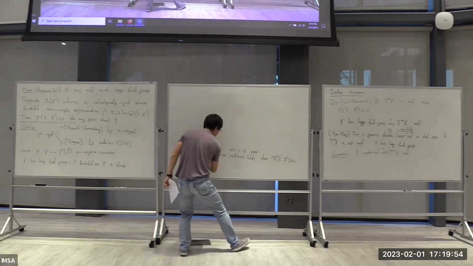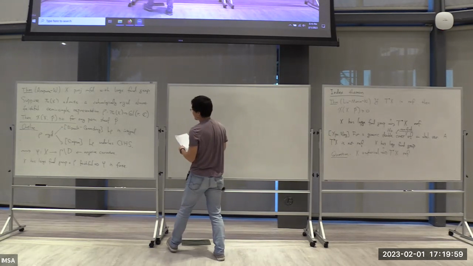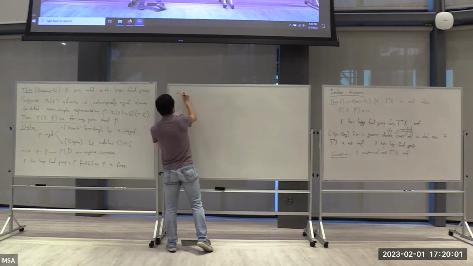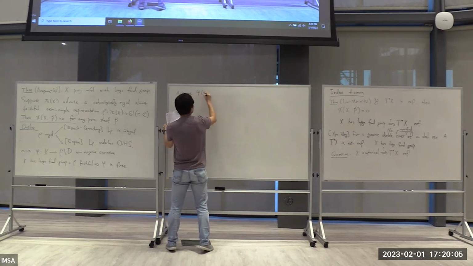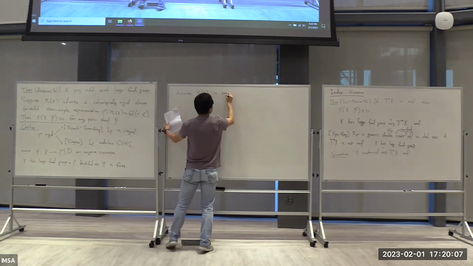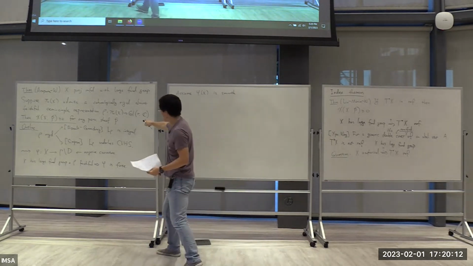And that's the idea. Let's make an argument in a special case. Let's assume that the image of X is smooth. In this case, we can have a simple proof of this theorem.